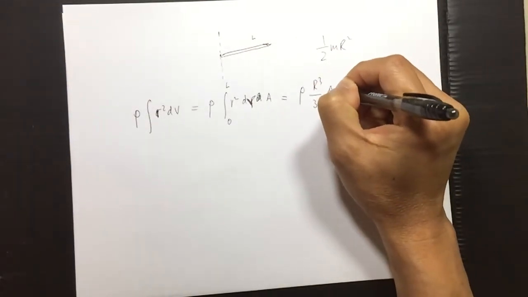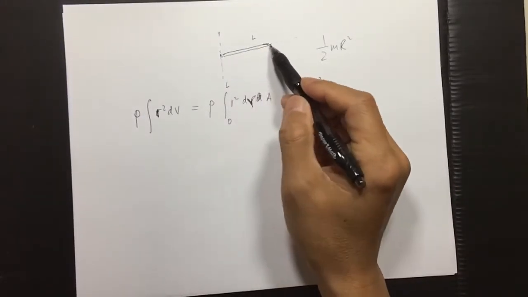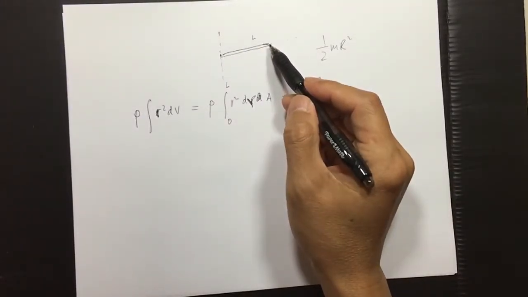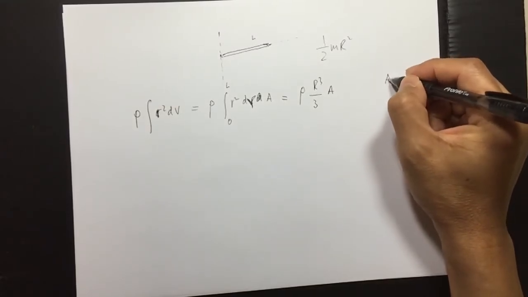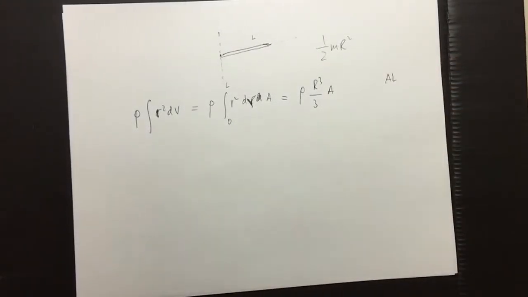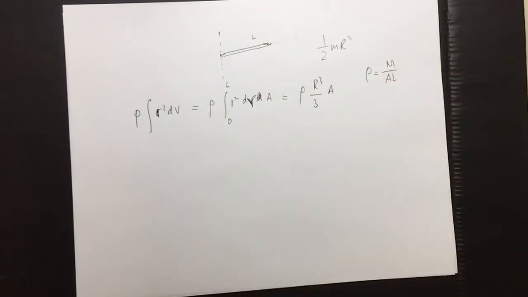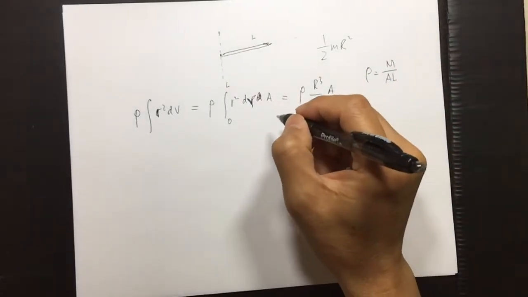This is rho r cubed over 3 times A. The volume of this is A times L, and m divided by volume is rho. We put it in.